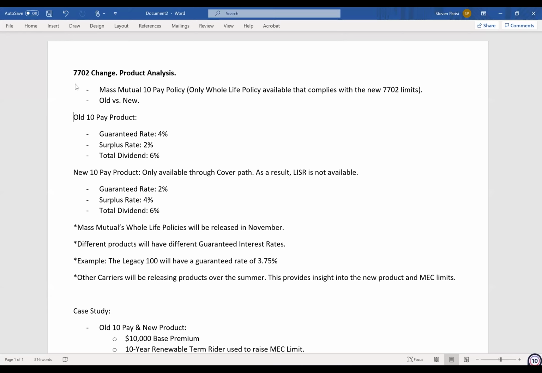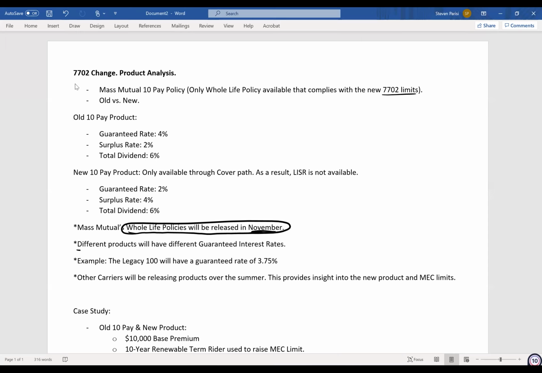In respect to MassMutual specifically, all of their whole life policies will be released and updated in November. That's typically when they declare the next year's dividend interest rate as well. So likely what they'll do is say, here's our new dividend rate, and then here are all of our products with the new guaranteed rates, complying with the new MEC limits based on the 7702 limits.